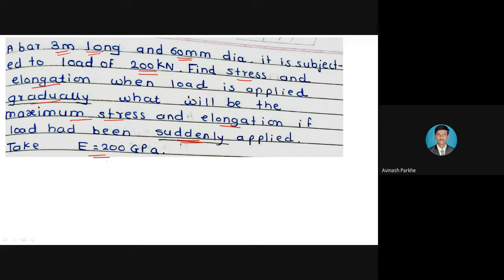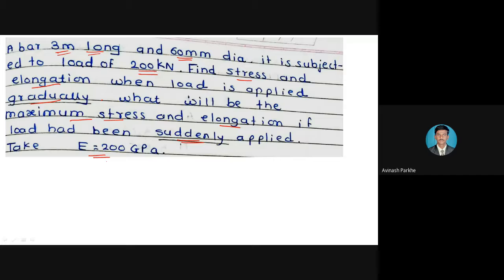Means only one bar is there. It has diameter 60 mm, length 3 meter, and that bar is subjected to a 200 kilonewton external load. Condition number 1: the bar is subjected to the 200 kilonewton gradually applied load. Then what will be the stress and the elongation? On the same bar, the same 200 kilonewton load is applied, but suddenly.